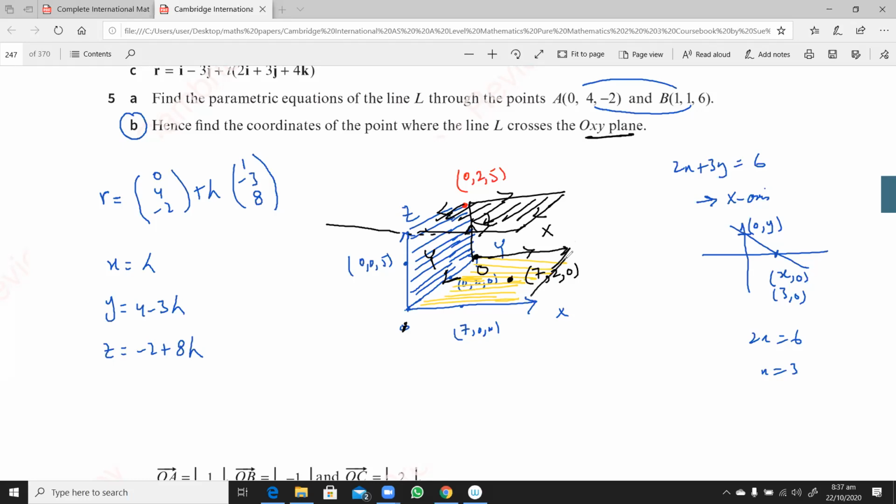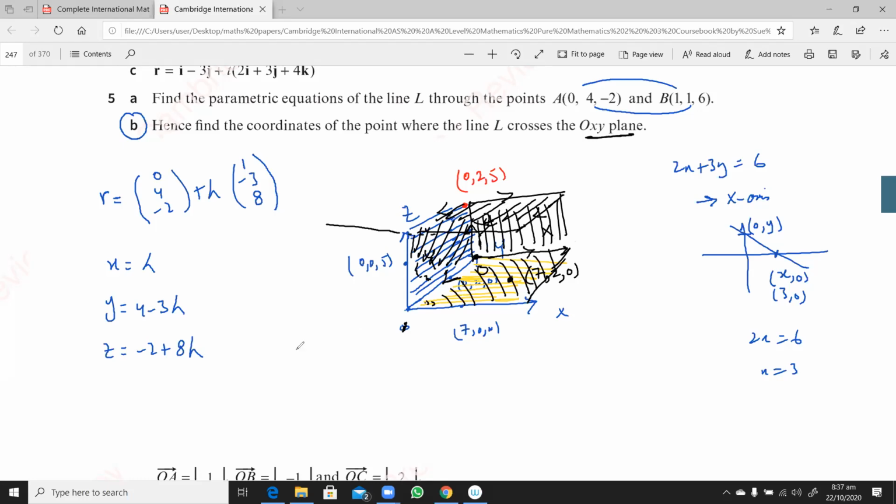But anything lying on the floor is going to have a 0 z coordinate. Anything on this wall over here is going to have a 0 x coordinate. Anything on this wall over here will have a 0 y coordinate.